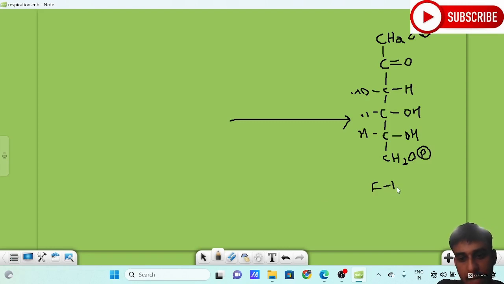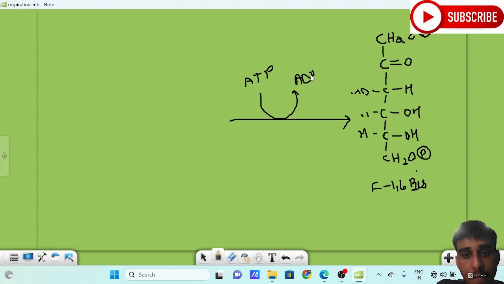So here comes our next ATP molecule. An ATP molecule got broken down and it releases a phosphate group. ATP got broken down into ADP and the phosphate group is added to the first carbon. So it became fructose 1,6-bisphosphate.